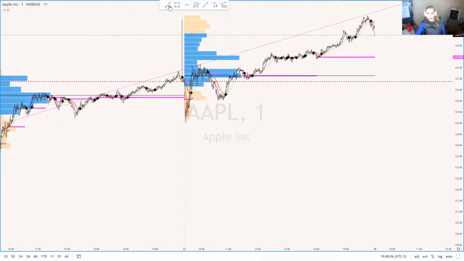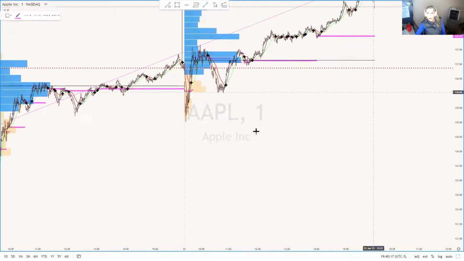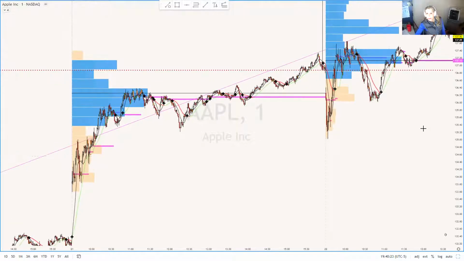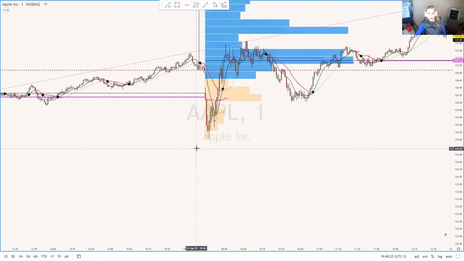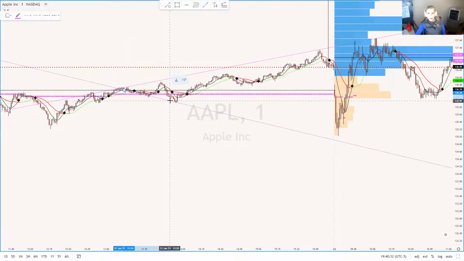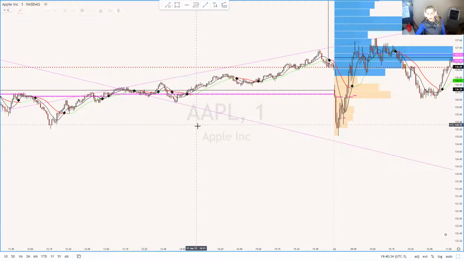So I draw that, and then on the bottom side, I don't think I would have known where to draw that had I not known where the price action is. Maybe I would have drawn it something like this.